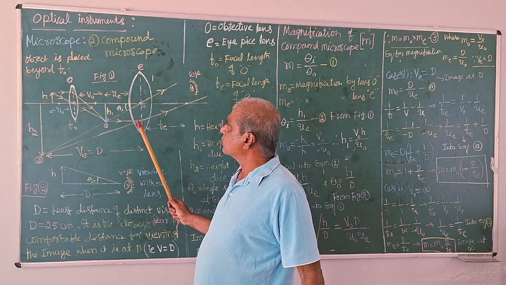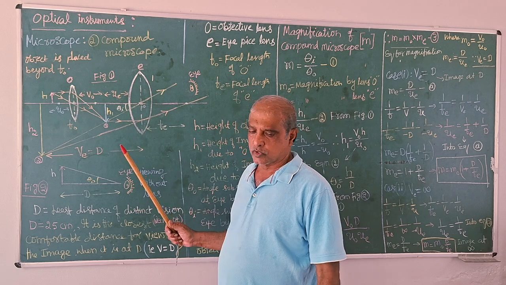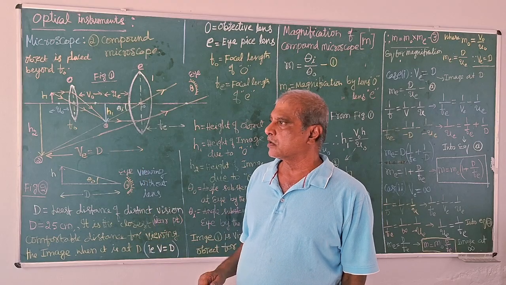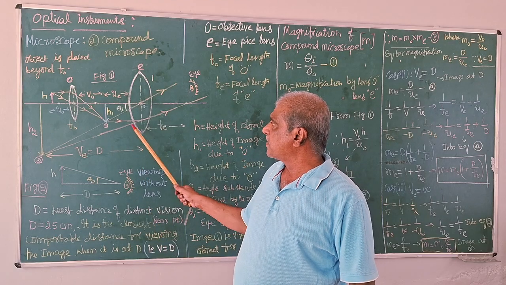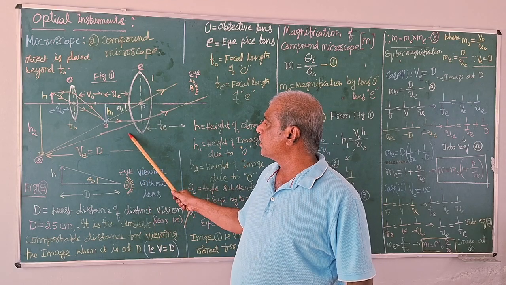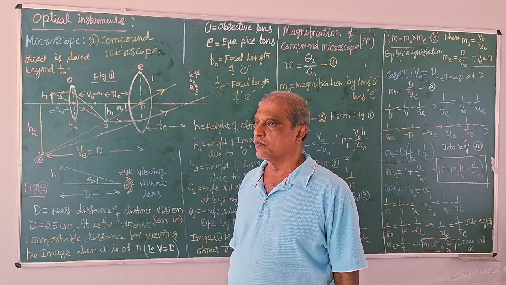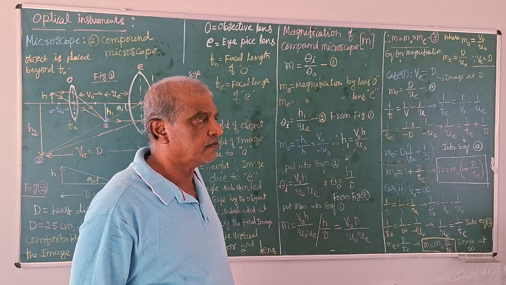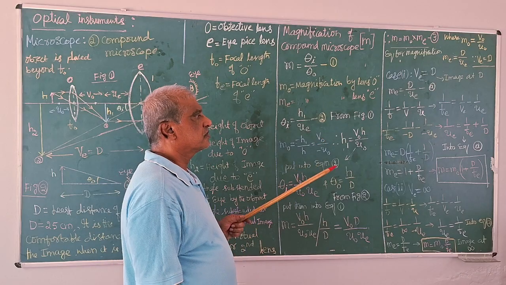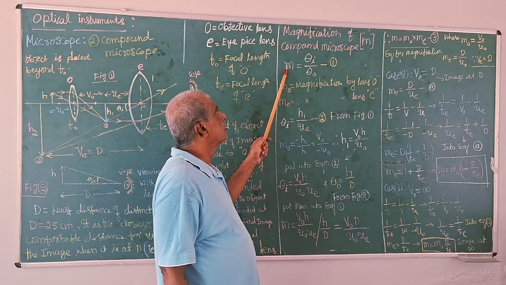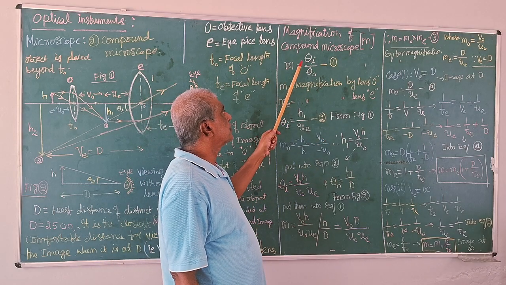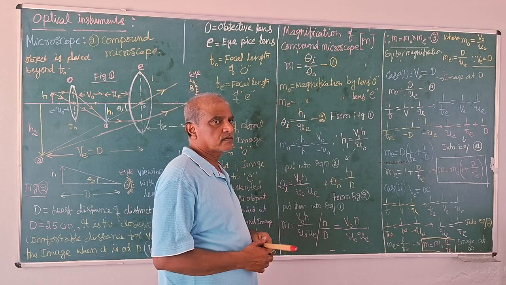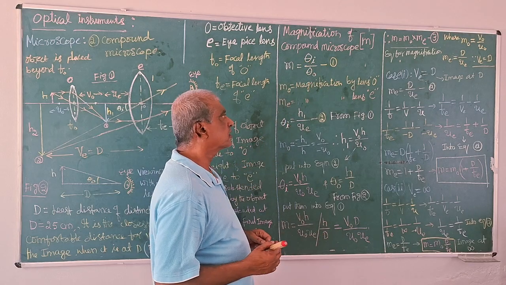In this microscope, using this diagram, we need to derive the expression for the magnification of compound microscope. For the equation for magnification, just recall and use a similar definition. M equals the ratio of these two angles, theta I divided by theta naught. What is theta I?